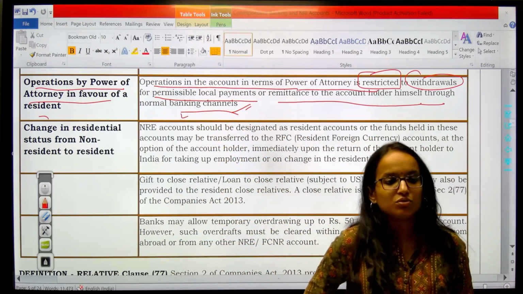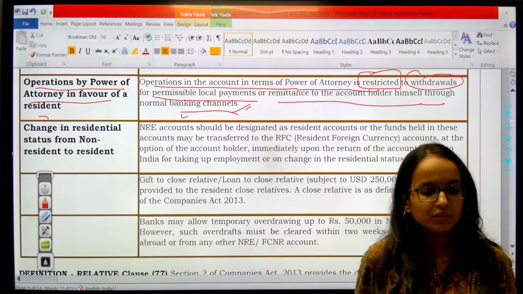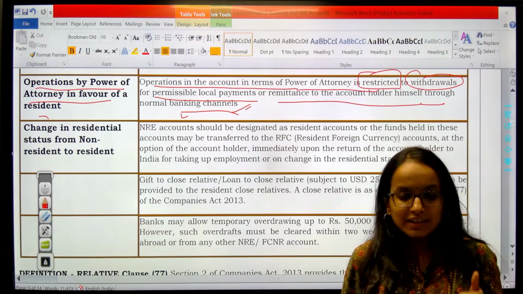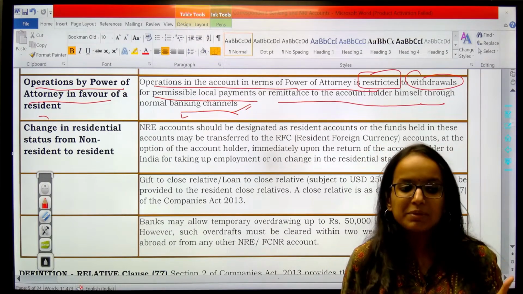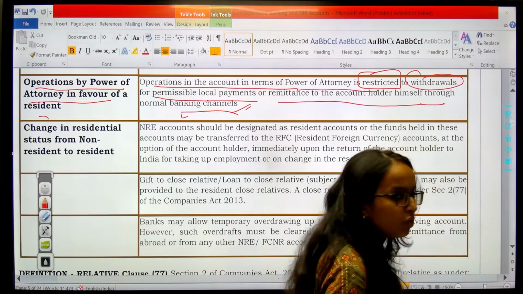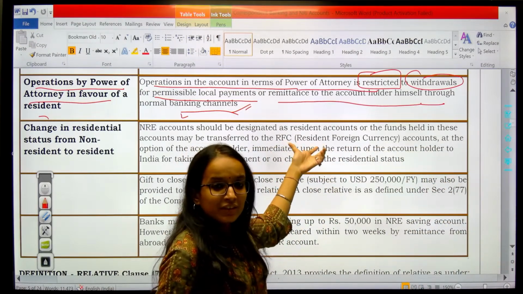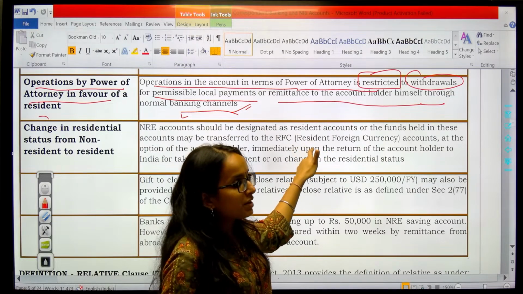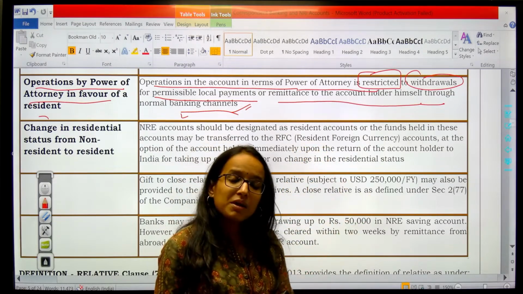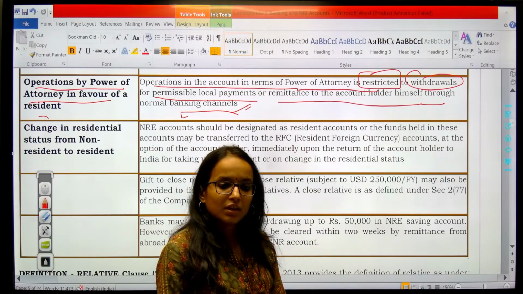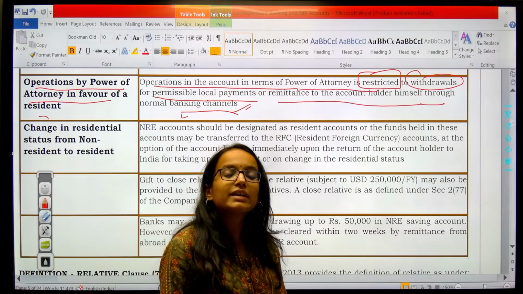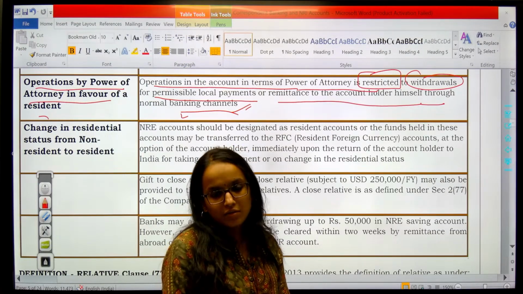This is something which you should remember: a resident relative can be allowed to play the role of power of attorney, but what authorities are given to that person when he or she is working as a power of attorney? What he or she can do with the bank account.